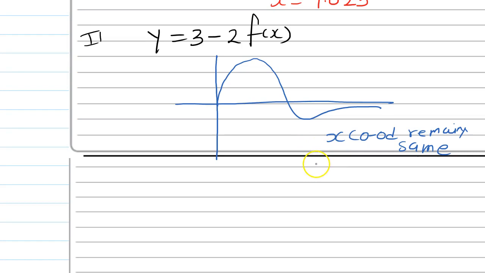So this graph will shift 3 units up. When the graph shifts 3 units up, it will be like this.